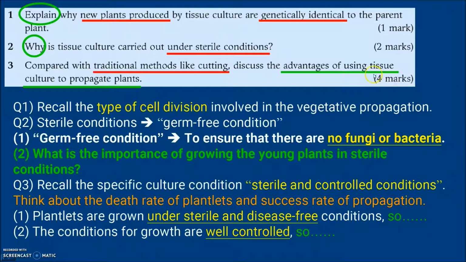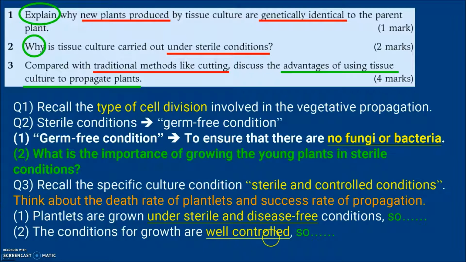For 4 marks, I give you the first 2 marks. The plant is grown under sterile and disease-free conditions, so you tell me the rest. And the second one is that the conditions for growth are well controlled: the temperature, the humidity, the light intensity, the water, the nutrients, the hormones, something like this.